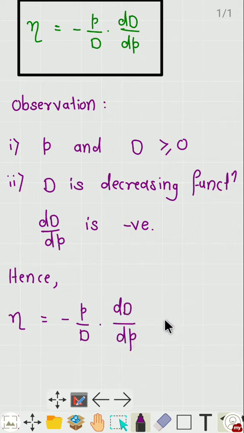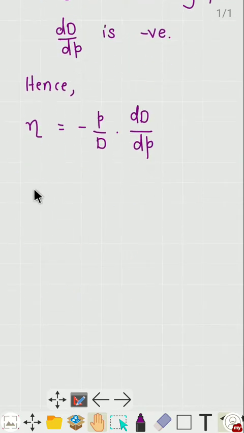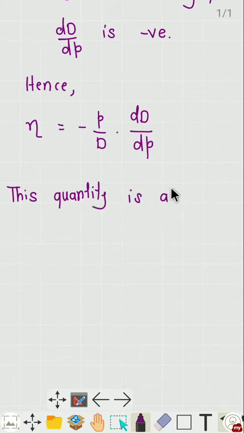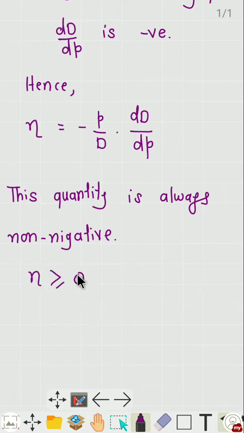This quantity is always non-negative, means eta is always greater than or equal to 0.